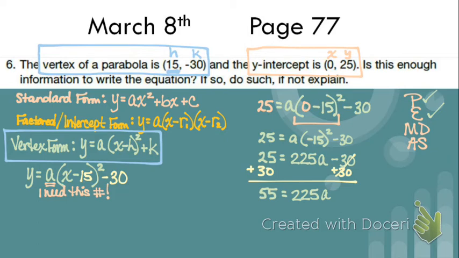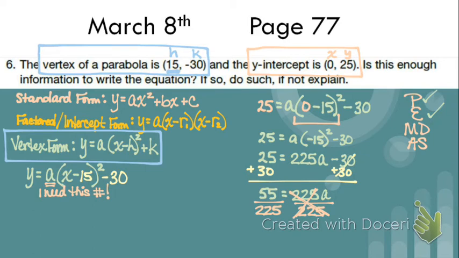What next? What are we dividing by? 225, because I want the 225 to cancel and I want it to leave the a there. If I do 55 divided by 225 on my calculator, does that come out pretty? Can I reduce it?